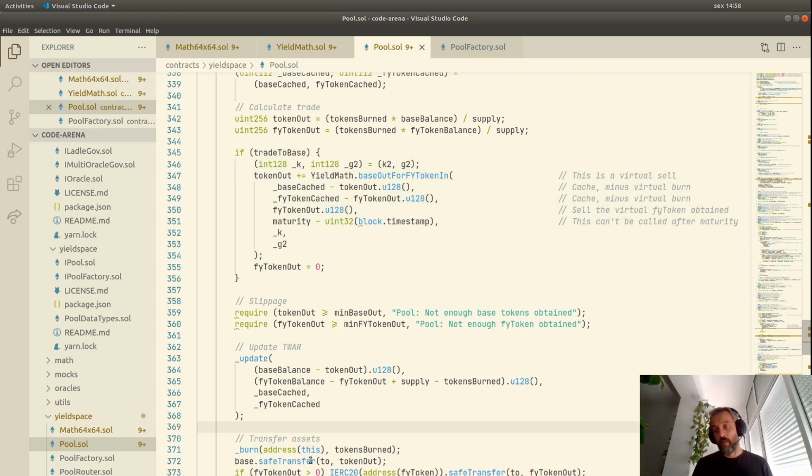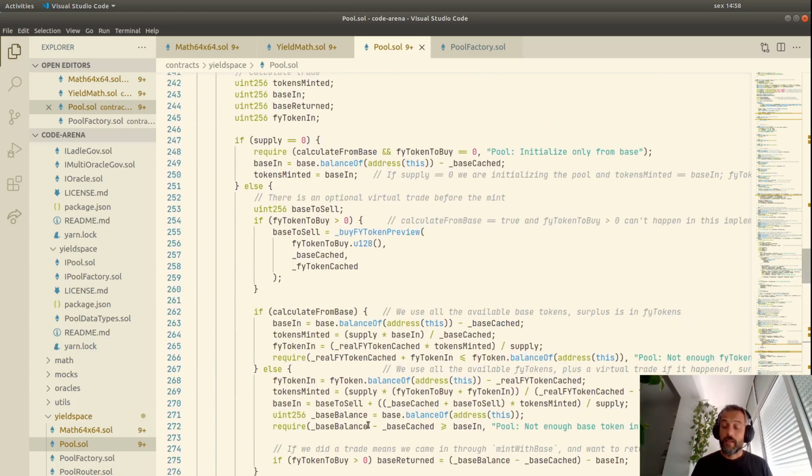So the same, when you burn liquidity tokens, instead of getting one of each, you get the one that you really want without having to do another trade afterwards. Why don't many more automated market makers implement this? I don't know, but I find it very useful.